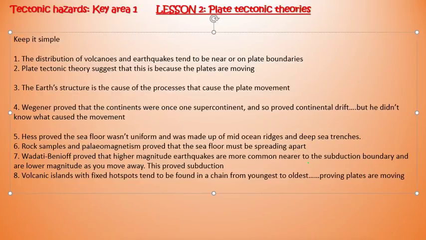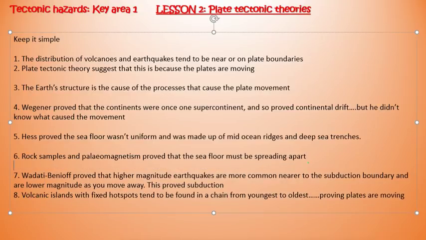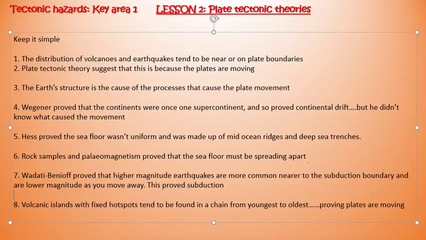Alright, what causes that, you might ask? Well, can we prove that? Yeah, we can, because rock samples, and dating those rock samples either side of a divergent plate margin, and palaeomagnetism prove that the seafloor is slowly spreading apart. It's a continual process of spreading. How do we prove subduction? Well, along came Wadati and his mate Benioff.